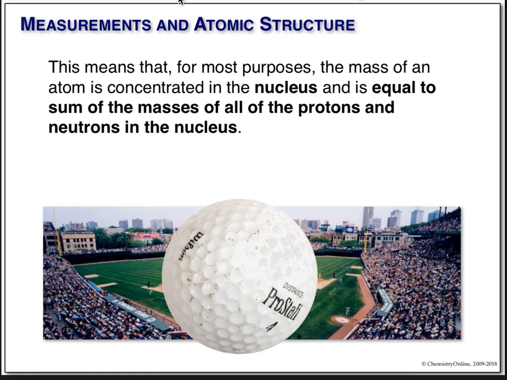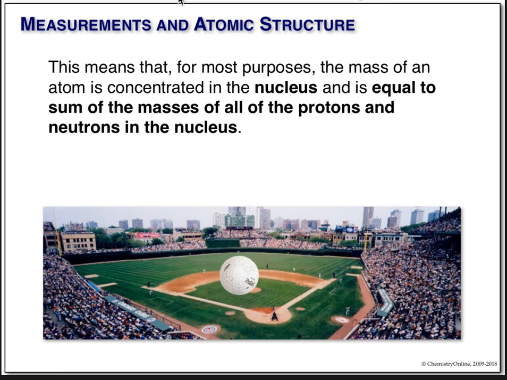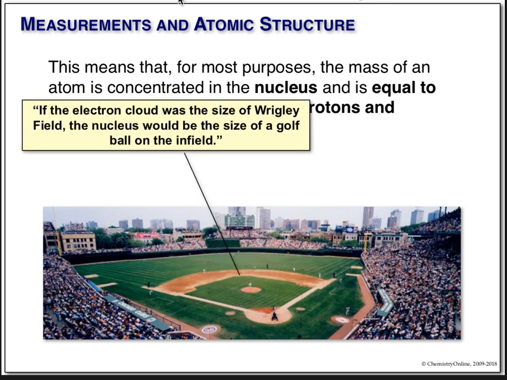If the electron cloud for this atom extended throughout the entirety of Wrigley Field, the nucleus would be a golf ball sitting down here on the infield. So again, virtually all of an atom is empty space. Little tiny nucleus, big electron cloud. Any questions?